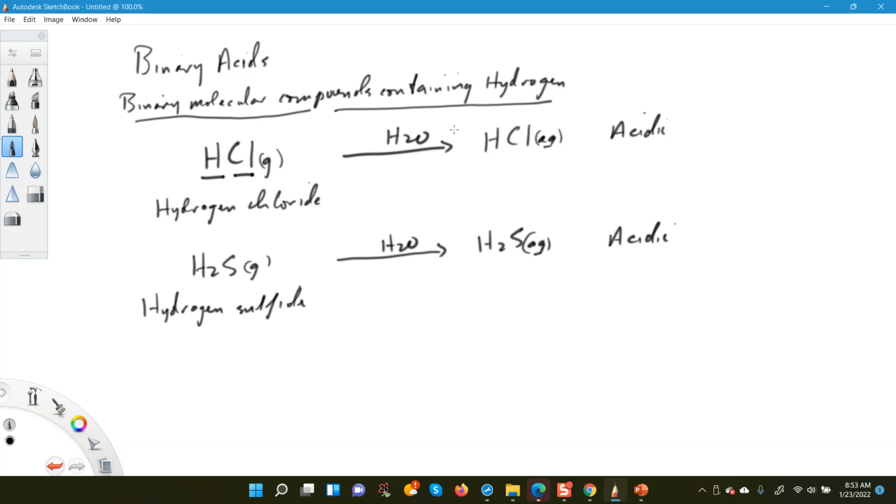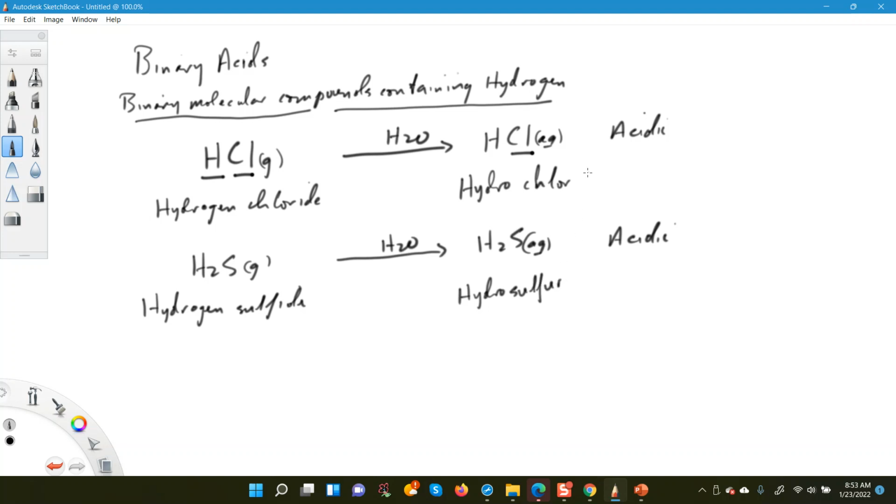So according to the IUPAC rules, the names of binary acids always start off with hydro. And then the next part of the name is the stem of the name of the other element. So in this case, it would be chlor, and in this case here, it would be sulfur.